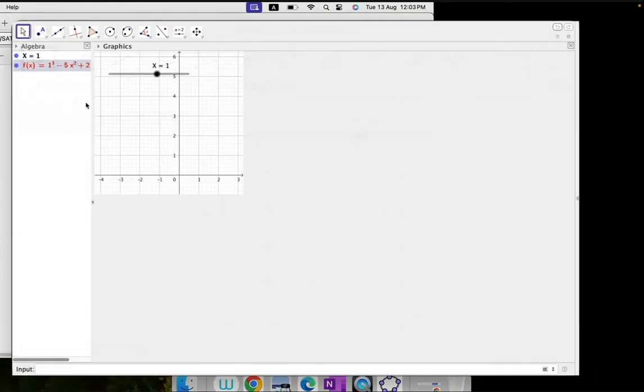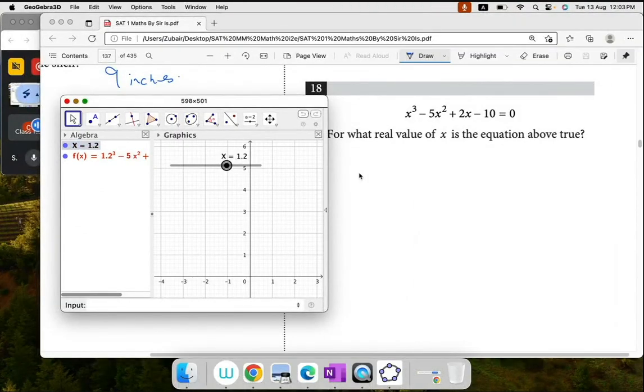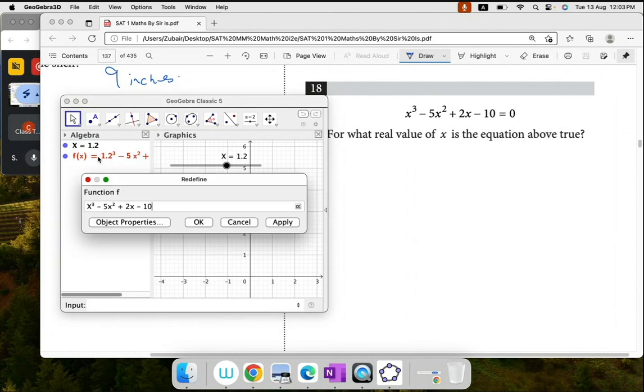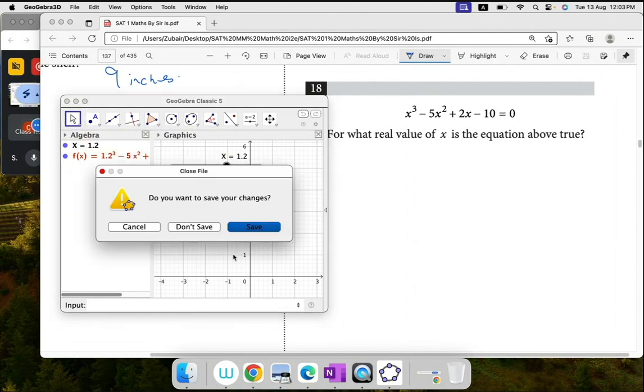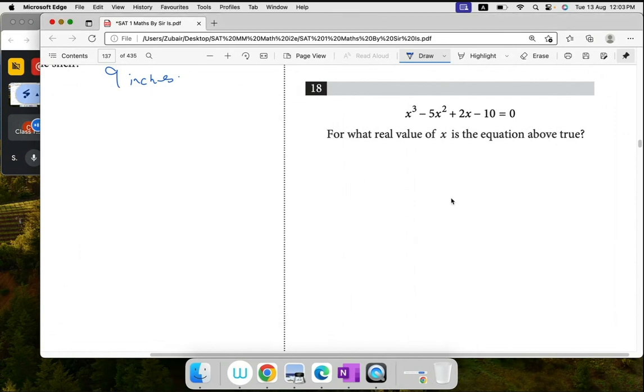So no solution. X is equal to 1. Sir, could you go back to the question? I'll just put it into Desmos. Oh, we have a solution if we change the values of x. X cubed minus 5x squared plus 2x minus 10 gives me a solution at x equals 5. So, yes, x equals 5.